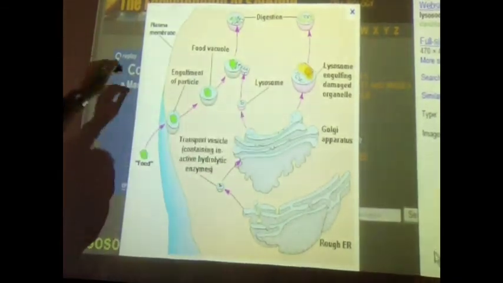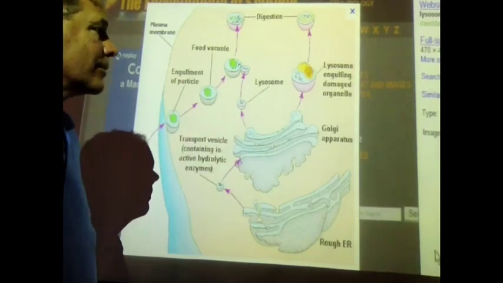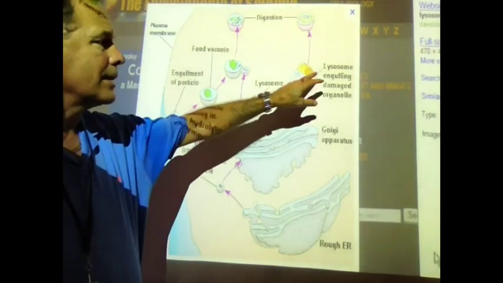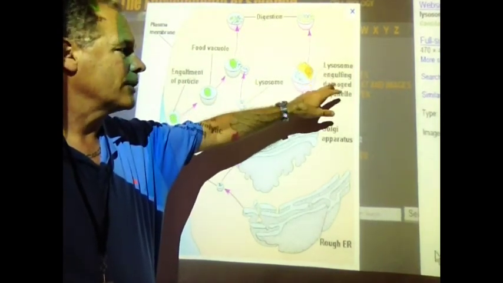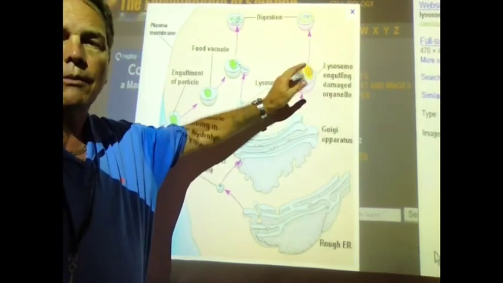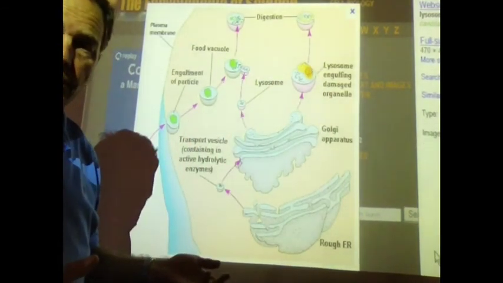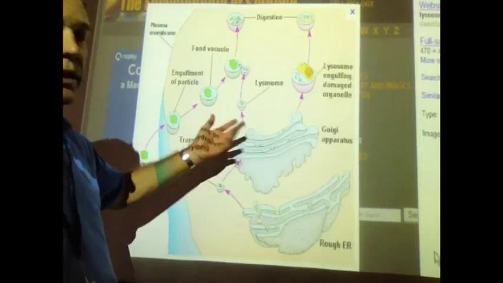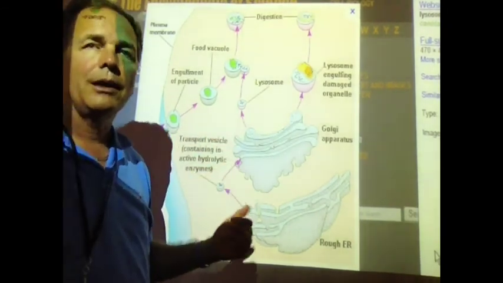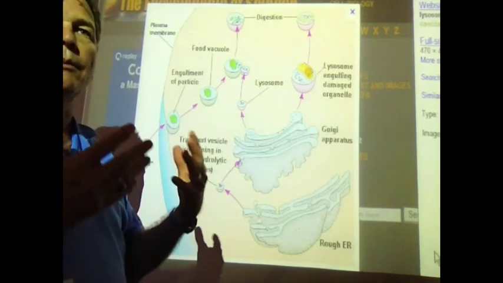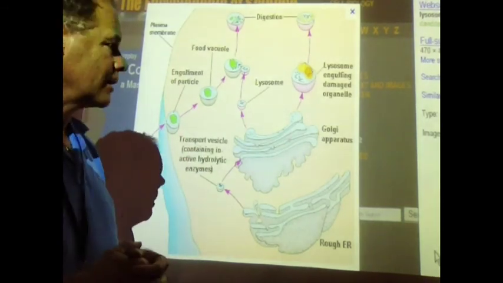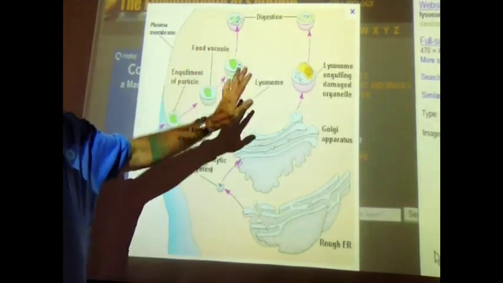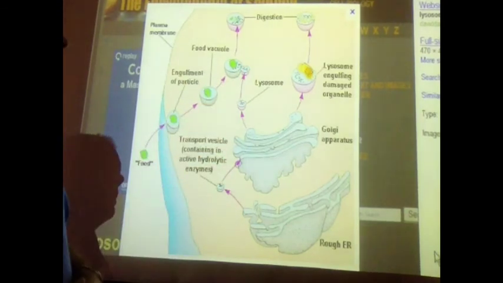It's not one that leaves. Here, nice diagram, lysosome engulfing damaged organelles. So it wants to recycle the molecules of the organelle that it can. So it's got to break it down. This is kind of like the garbage disposal in a way, but it breaks it down to a point where some of the parts can be recycled. This is happening inside the cytoplasm of the cell.